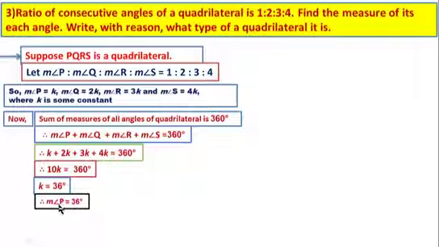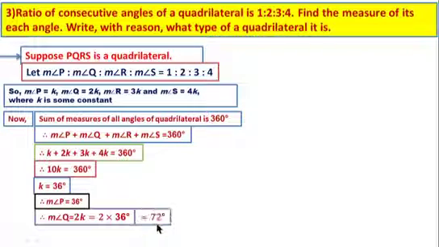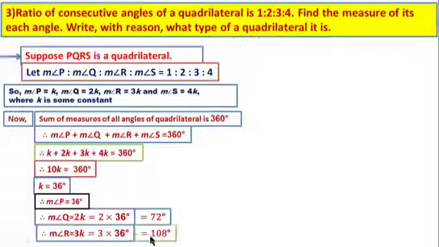Therefore measure of angle P is equal to 36 degree. Therefore measure of angle Q is equal to 2K is equal to 2 multiplied by 36 degree is equal to 72 degree. Measure of angle R is equal to thrice K is equal to 3 multiplied by 36 degree is equal to 108 degree.